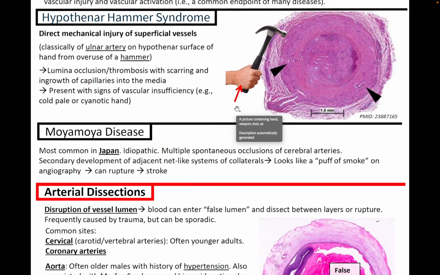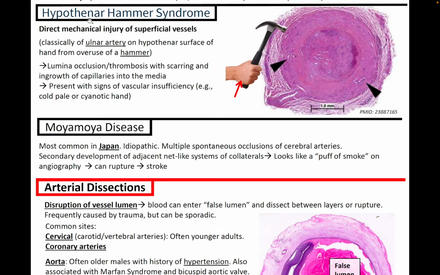So the hypothenar hammer syndrome is a direct mechanical injury of superficial vessels, classically of the ulnar artery on the hypothenar surface of the hand from overuse of a hammer, which leads to lumina occlusion and thrombosis with scarring and ingrowth of capillaries into the media, which can present with signs of vascular insufficiency, such as cold, pale, or cyanotic hands.